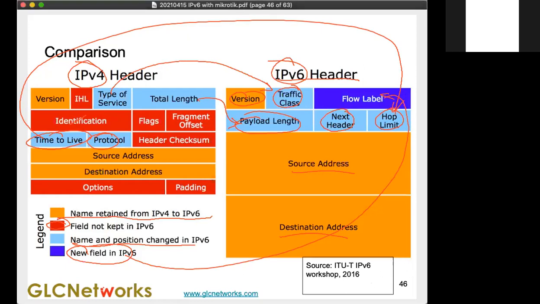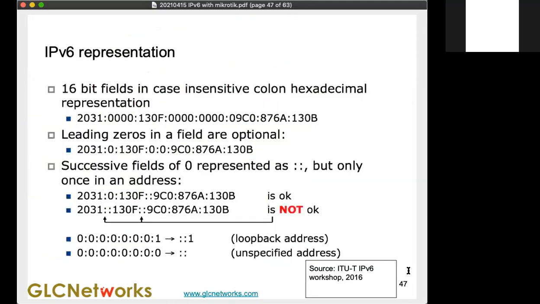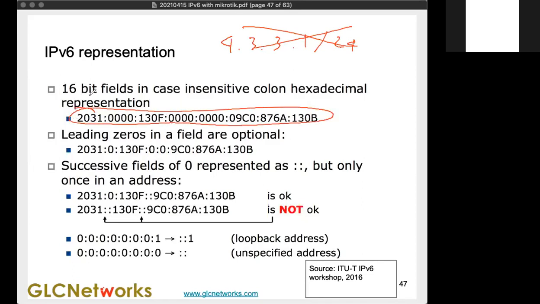Okay, so hope you can see it. So, IPv6 representation. Previously with IPv4, the way you write an IP address is, for example, 4.3.3.1/24, right? With IPv6, you cannot do it like this. What you are doing is this. So this is your IPv6 addressing.